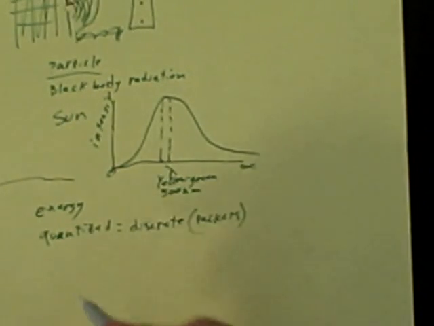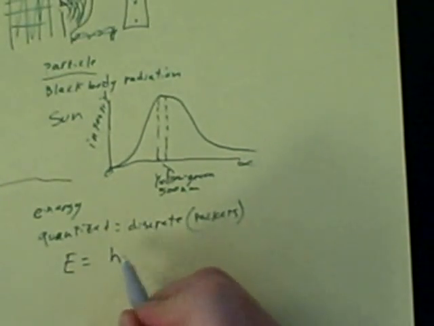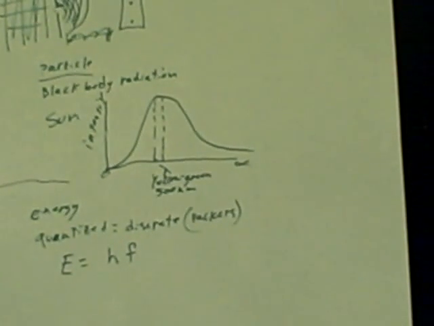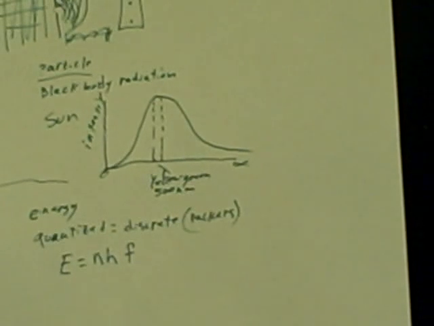That energy, they showed, was equal to Planck's constant, which we're going to talk about in a minute, times the frequency of the light, times an integer number n. So n can be any positive integer, 0 through infinity.